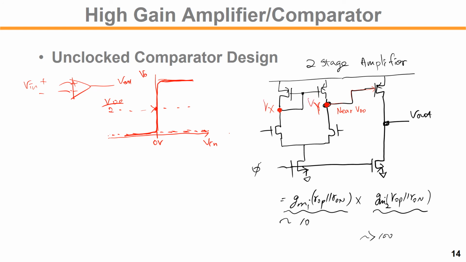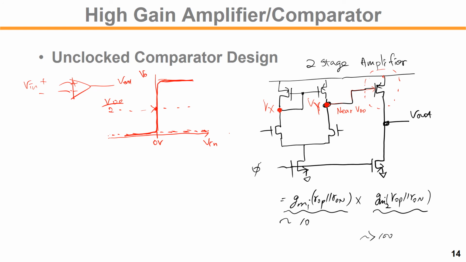That would make it easier to bias the PMOS input here. That's why we put a PMOS common source amplifier structure here, right? This is for easier biasing with the proper size. Okay. If you place a common source amplifier with an NMOS input, then you will have a huge overdrive voltage. In that case, you will have very high current consumption. Okay, so this is the proper way of connecting these devices.